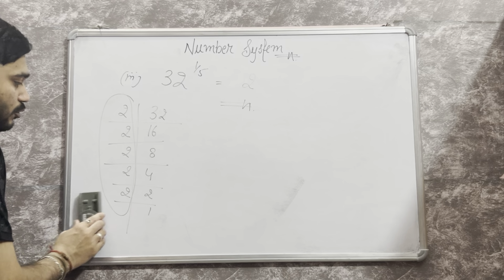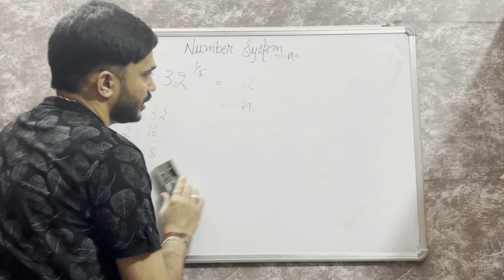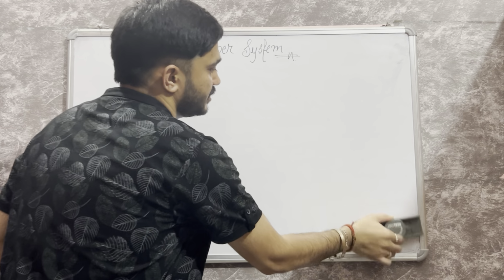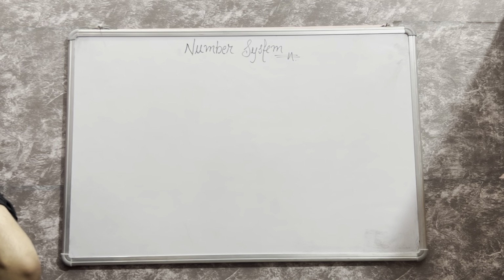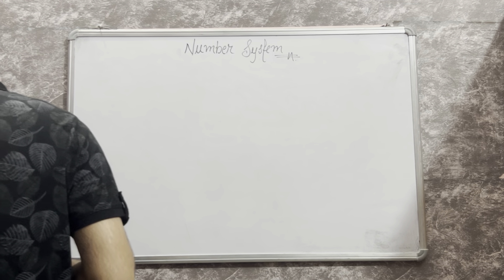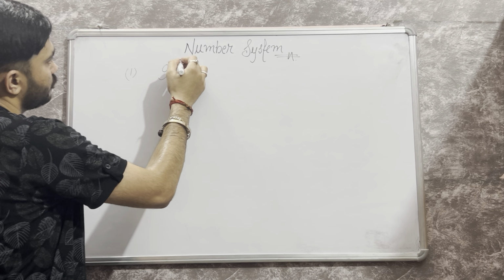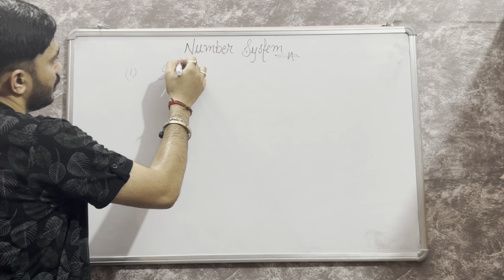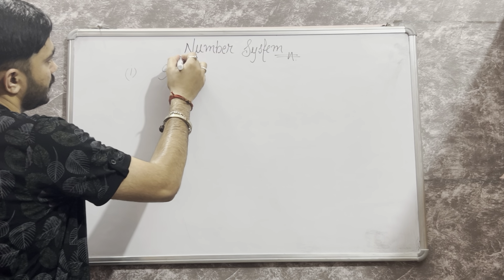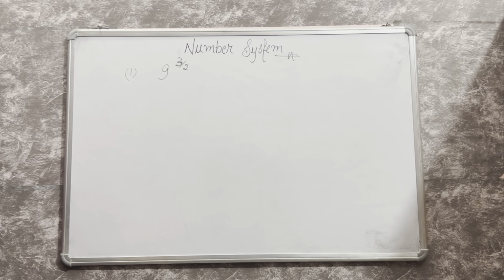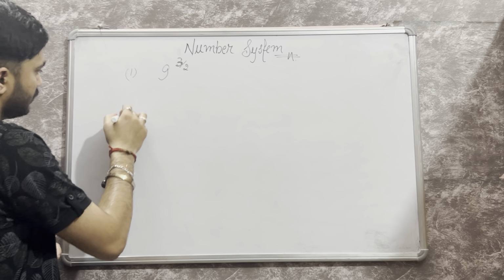Moving forward, we are going to solve some more examples of this, but these examples are going to be hard. That is, what if we are given 9 raised to power 3 upon 2? Now look here.